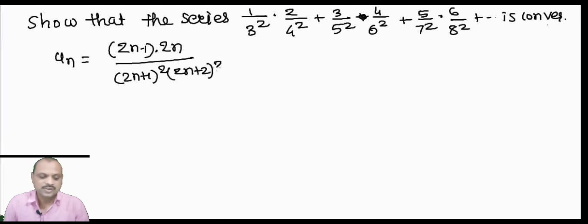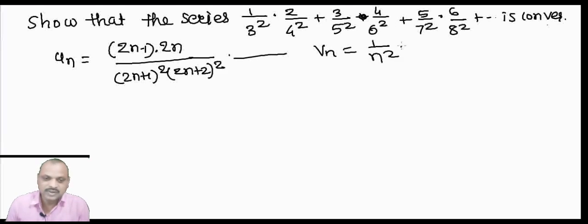So this is my un. Let us take vn equal to 1 divided by n square, and take the limit of un divided by vn.